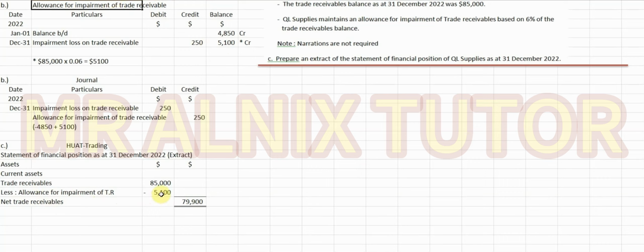Then after that, copy and paste here: trade receivable minus your allowance equals your net trade receivable. That's it. Alright, I hope after watching this video, it will improve your journal entries and your concept of allowance for impairment of trade receivable. Okay, thank you and bye.